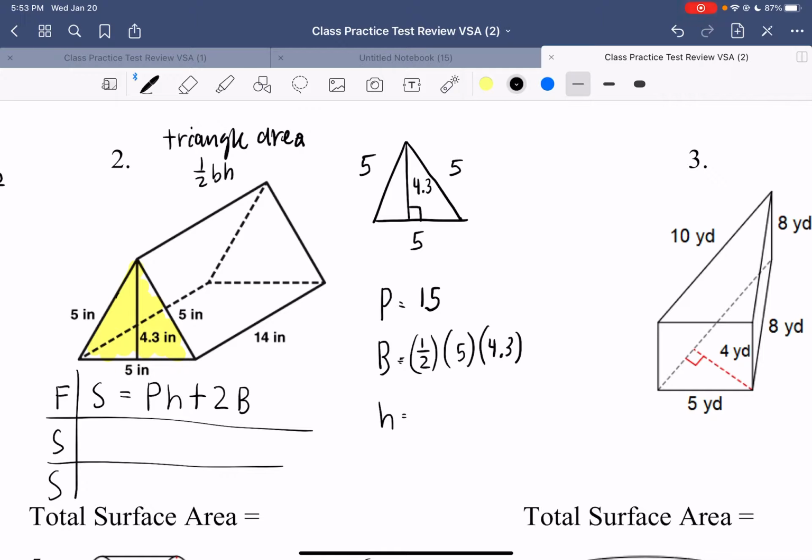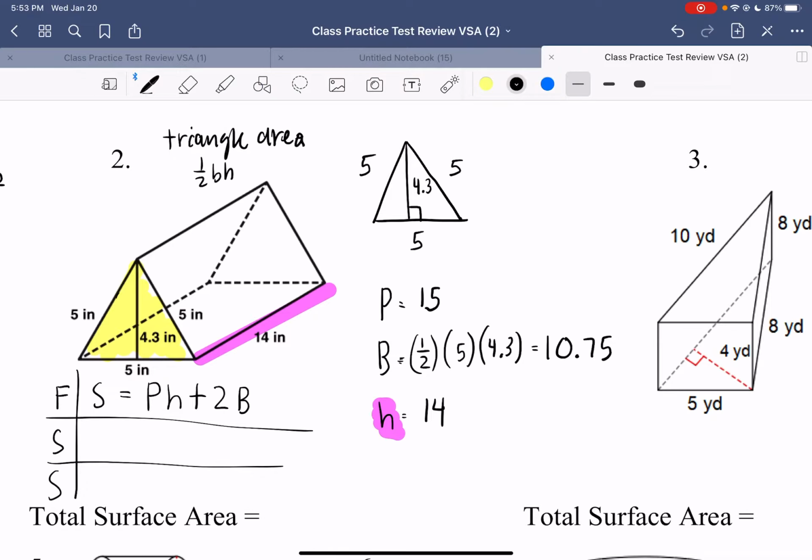So 5 times 4.3 times 0.5 gives us 10.75. And then the height of our prism here is 14.